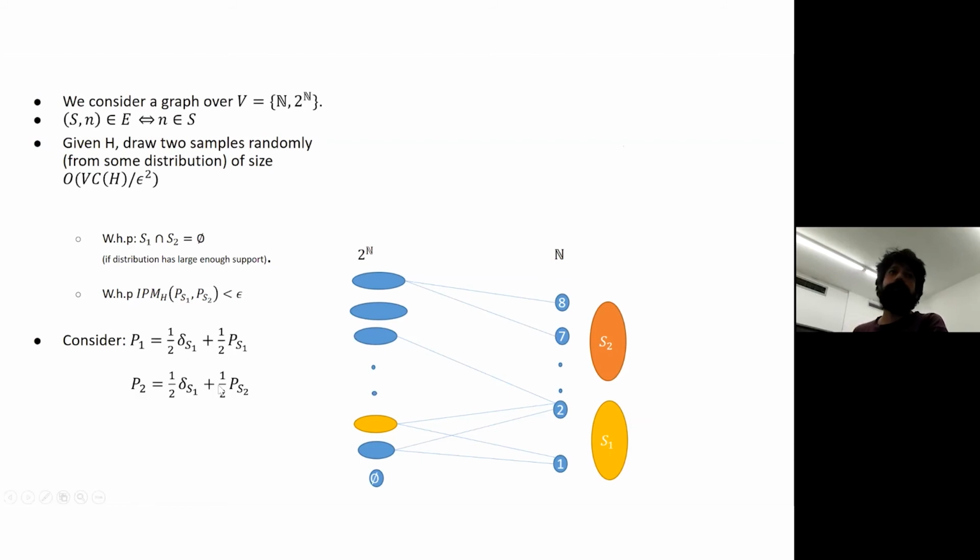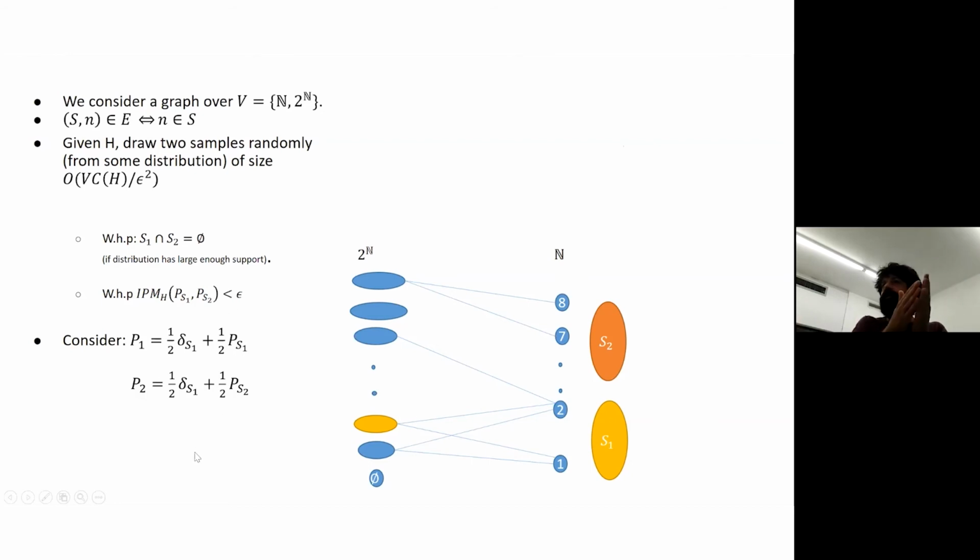But what I claim is that with these two distributions, P1 and P2, the hypothesis cannot distinguish, because you don't really care what it says on the left side, because the only point that comes from the left side is the set S1. So it's the same in the two distributions.